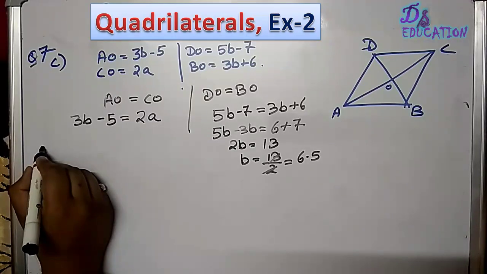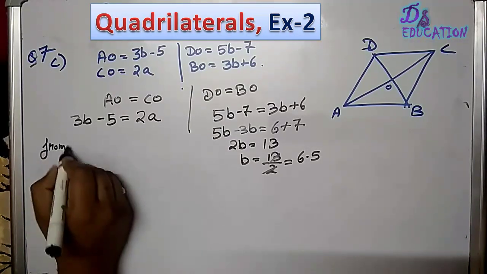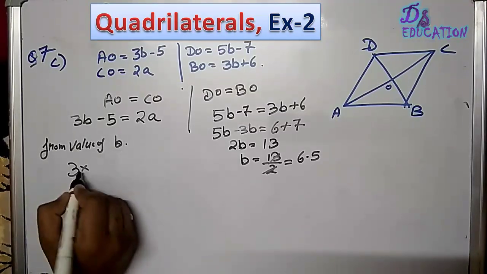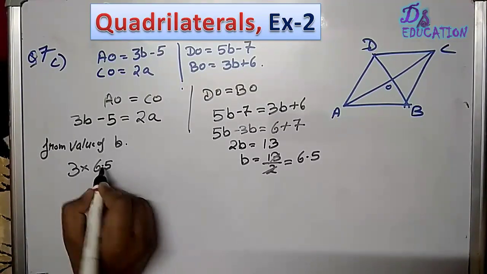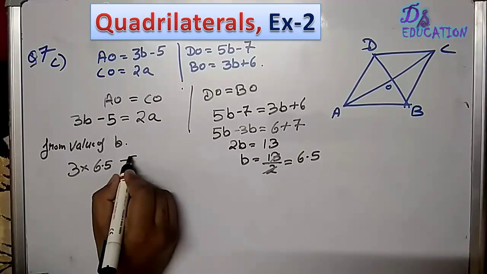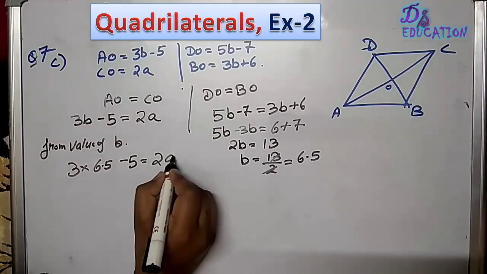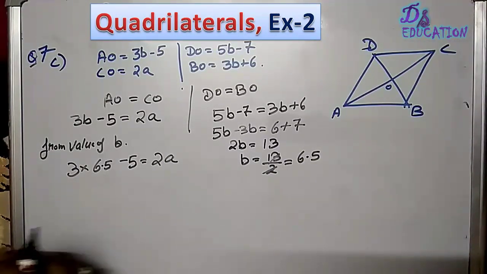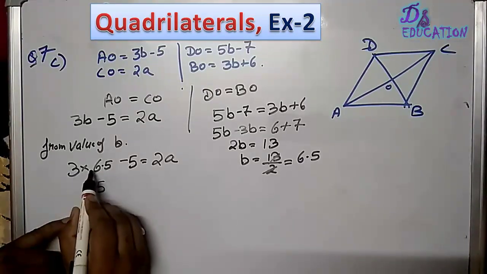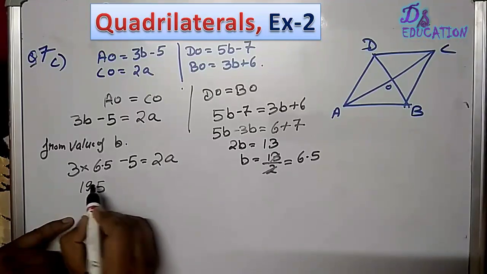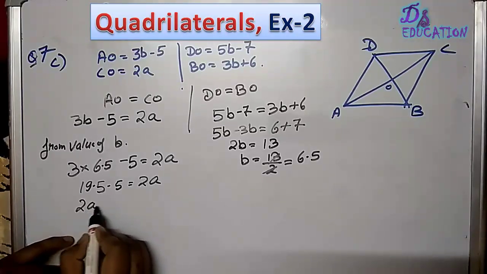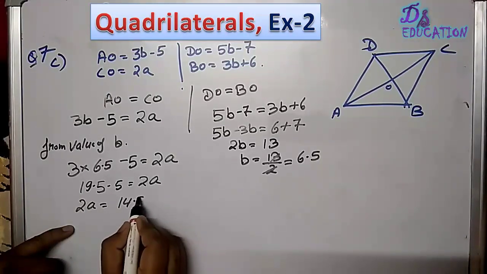Now from the value of b, 3 multiply 6.5 minus 5 is equal to 2a. Clear? So we will multiply it. It will become how much? 3 6s are 18, 19.5 minus 5 is equal to 2a. So 2a is equal to 14.5.